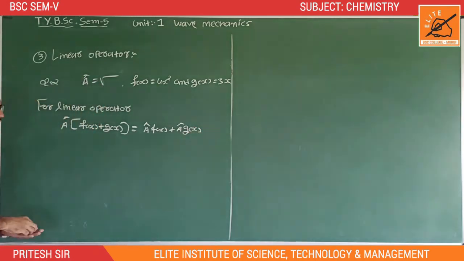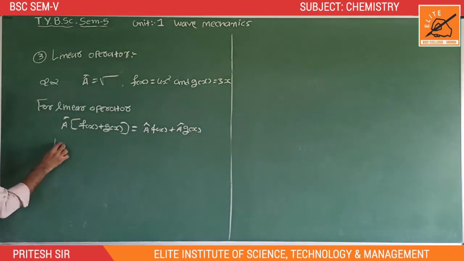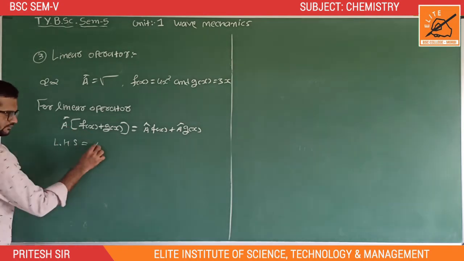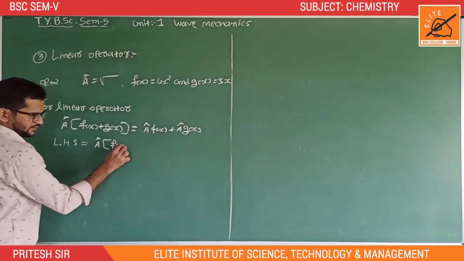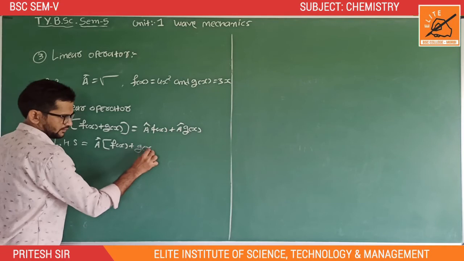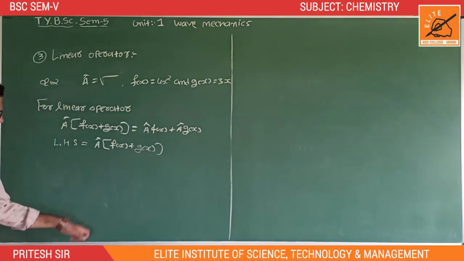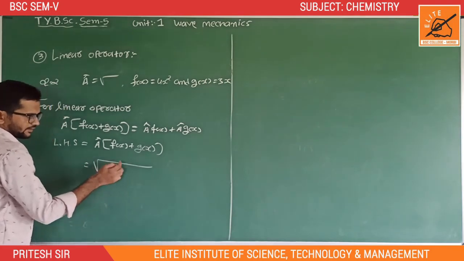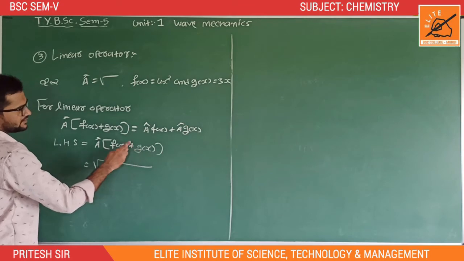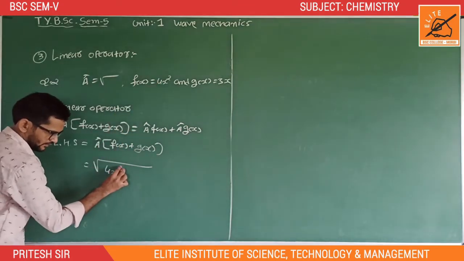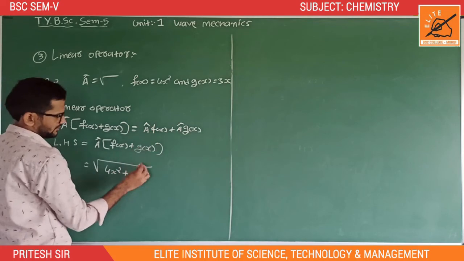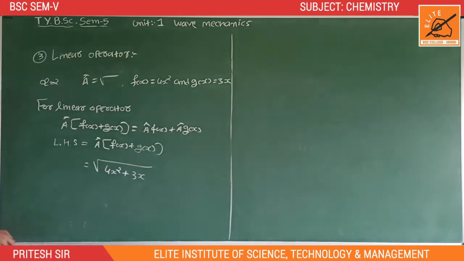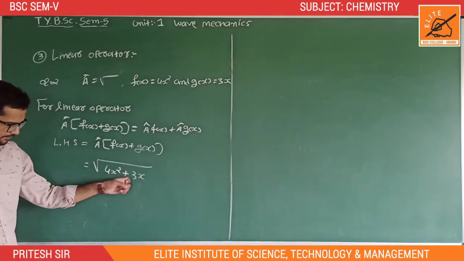First take the value of LHS, the left hand side, equal to A cap into bracket f(x) plus g(x). Put the value of A cap equal to under root, f(x) equal to 4x square plus g(x) equal to 3x. So the value of LHS is equal to under root 4x square plus 3x.